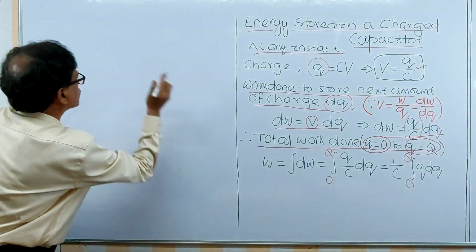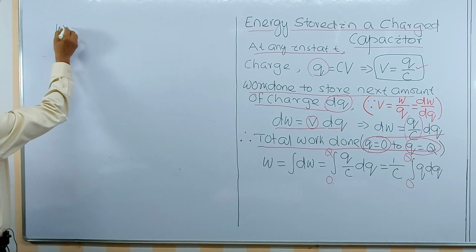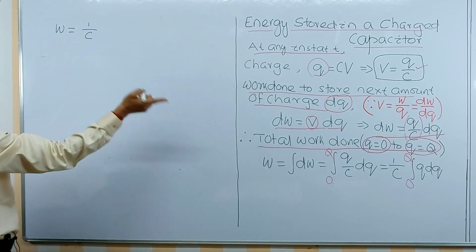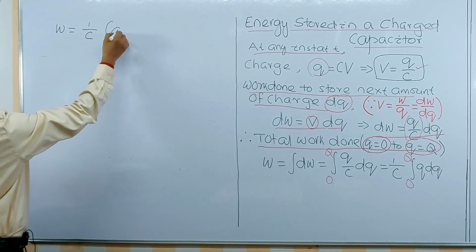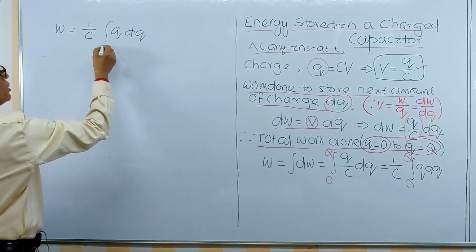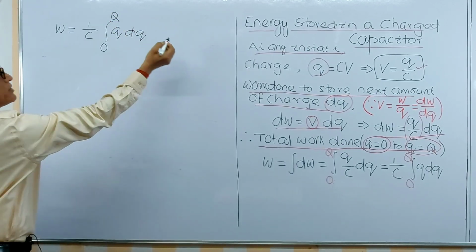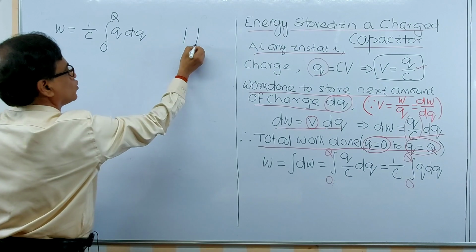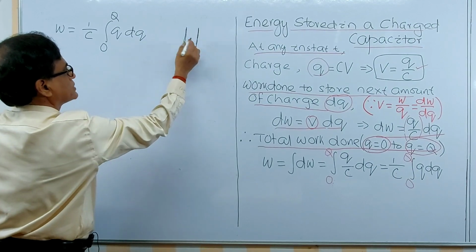You see, W equals 1 by C integration Q dq, minimum charge 0, maximum charge Q, that is stored across this capacitor.